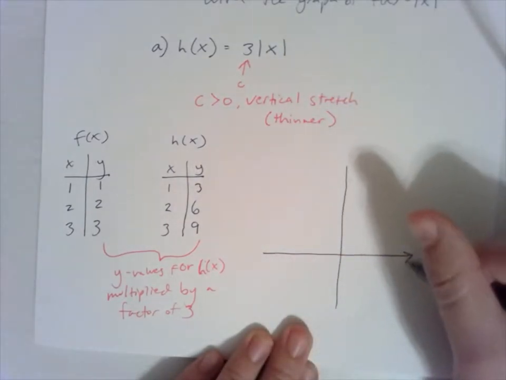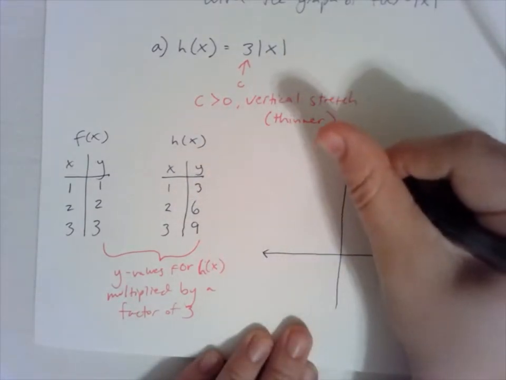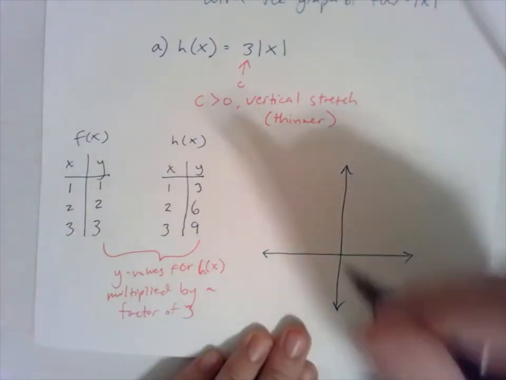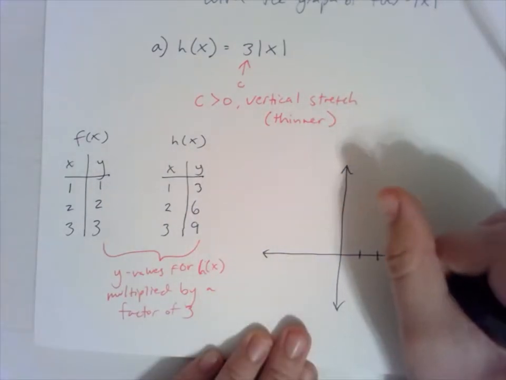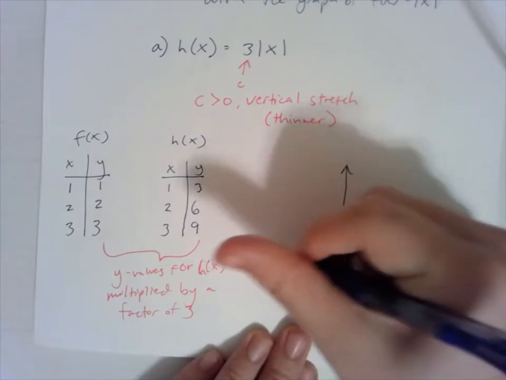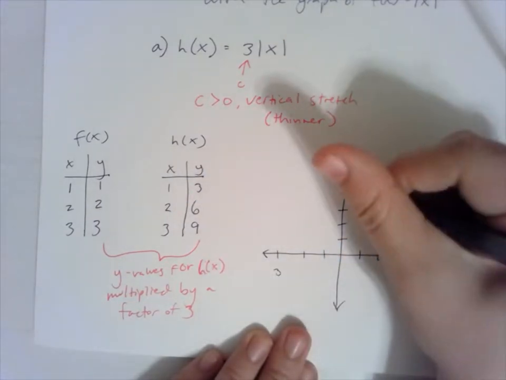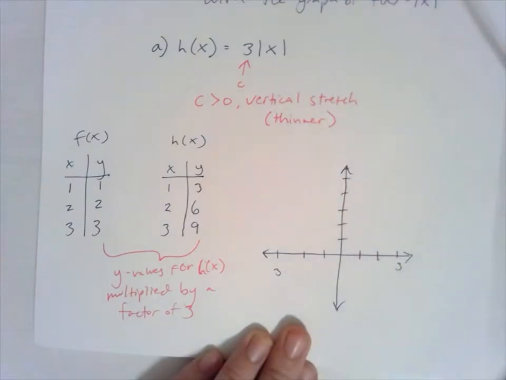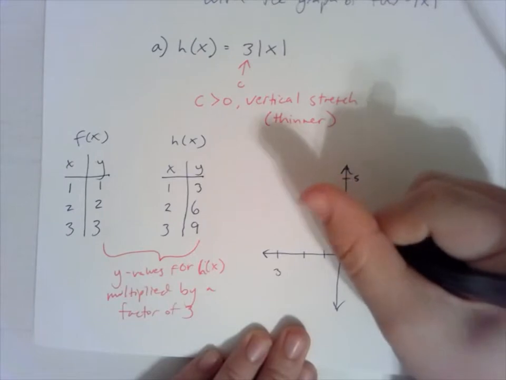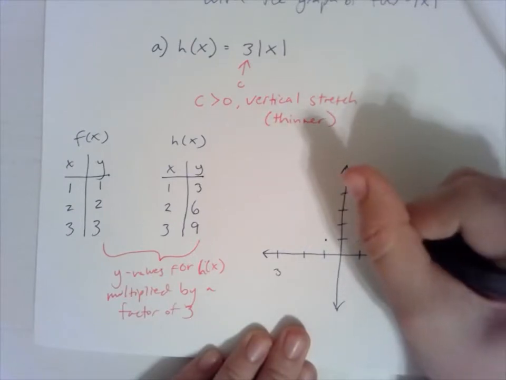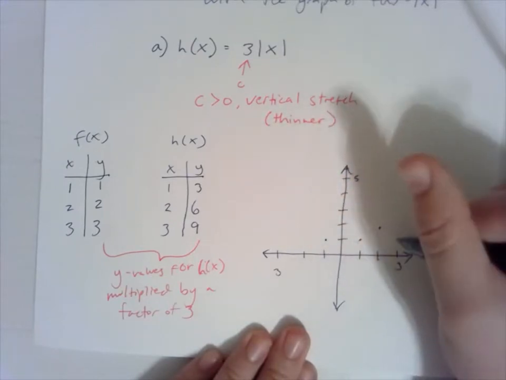Alright, so if we have points 1, 2, 3 and 1, 2, 3, 4, 5, maybe 6 right here at the top. We know for our classic f of x, we have 1 at 1, 2 at 2, 3 at 3.